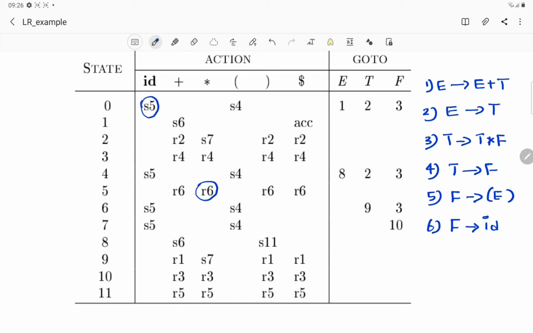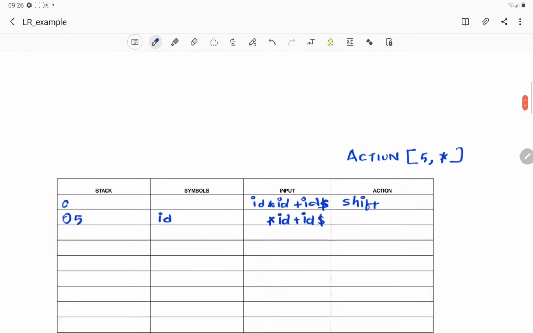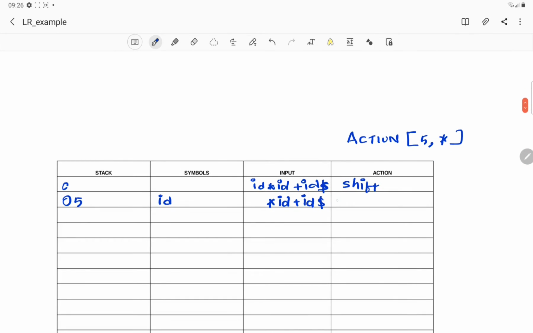We have numbered the productions, and that number is used in the reduce case. So R6 means reduce by F gives id.